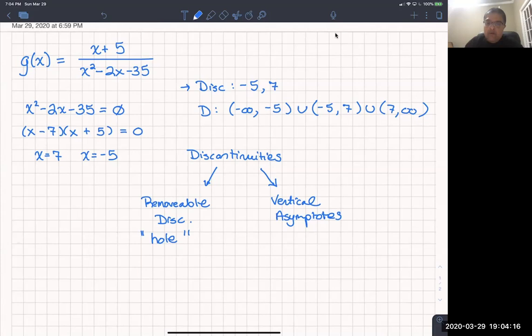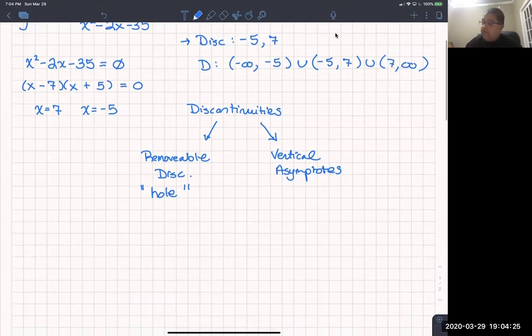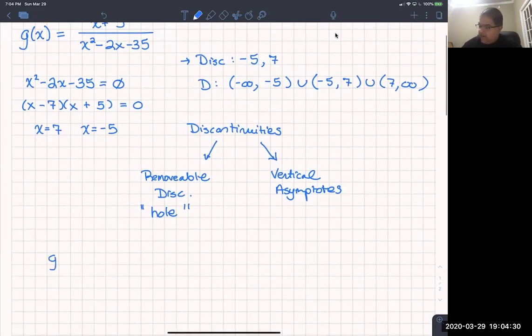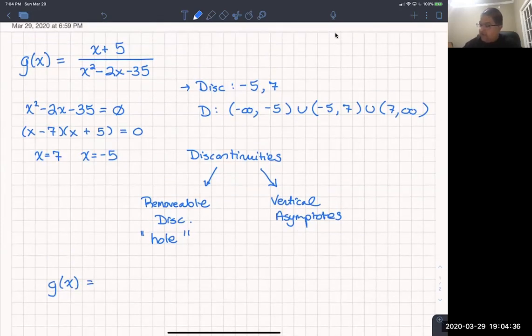So how do I determine whether the discontinuity is a hole versus a vertical asymptote? Well, I look at my original rational function. If I factor both the numerator and denominator, and in this case I just have to factor my denominator because my numerator is already a binomial, I get this right here.